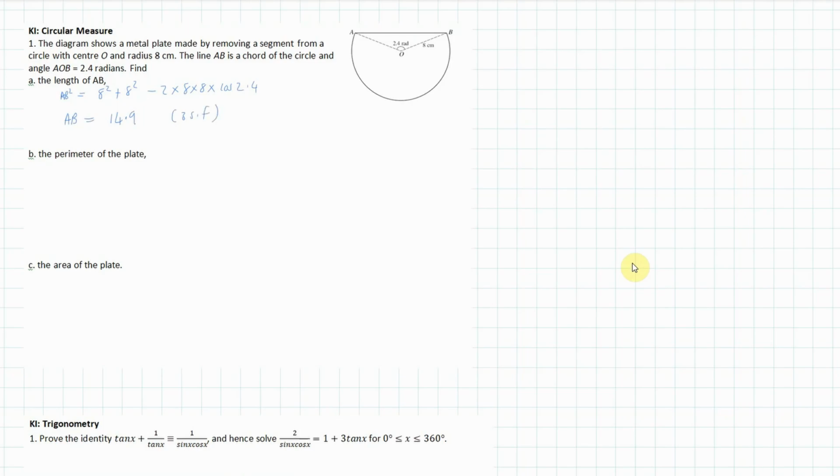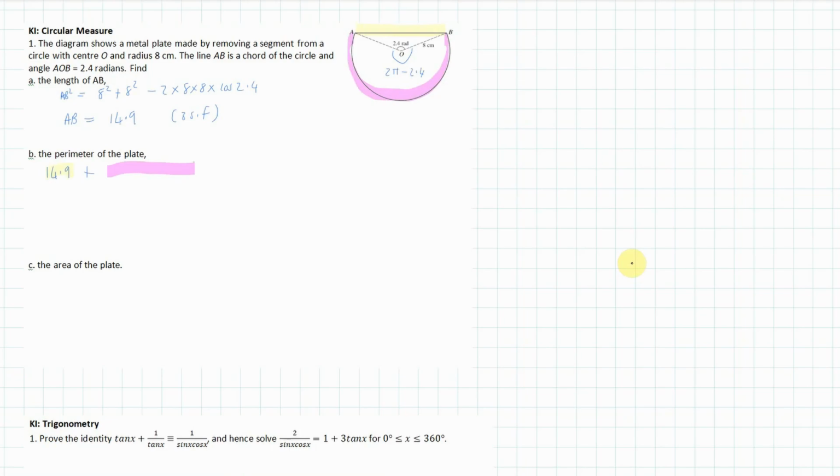Now the perimeter of the plate, I'm going to find this here. So this angle is 2 pi subtract 2.4 radians. So the perimeter is going to be the 14.9, which we've already got, plus this bit here, and then the next bit is this bit.